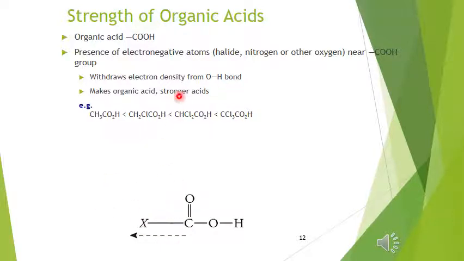So the one with the most electronegative atoms is going to be more stable than the other ones. So this is the strongest acid, which gives the weakest conjugate base, meaning the most stable conjugate base.